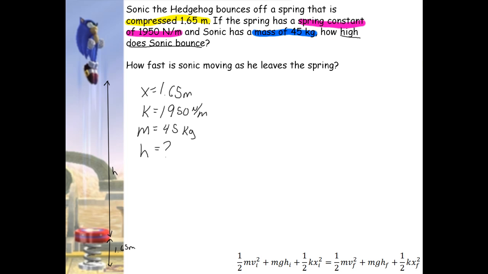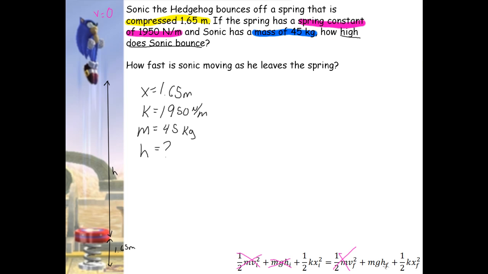Now I'm going to look at my equation down here for conservation of energy, and I'm going to start canceling stuff out. Right before it bounces him off, he has no initial velocity, so his initial kinetic energy is gone. He's also at the lowest point that he can be, so his initial height is 0, and that's gone. When he reaches the peak of his jump, his velocity is actually 0, and we've seen that in previous chapters, so his final velocity is 0, so that goes away.